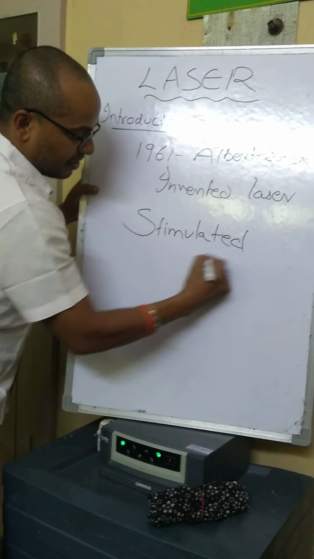Okay, so that photon number will be multiplied step by step, and that multiplication will be done by the process of stimulated emission, and that enormous amount of light, or enormous intensity of photons, will be radiated. That parameter made the laser applicable in many fields like engineering and technology.